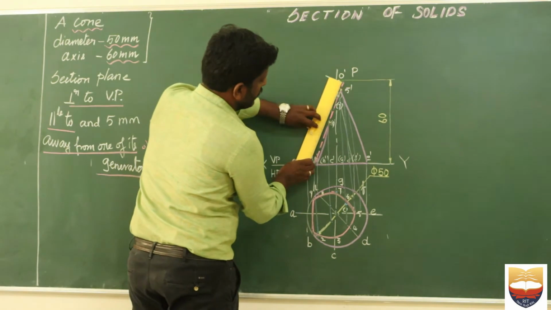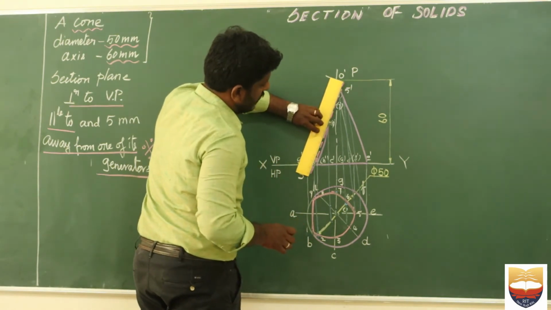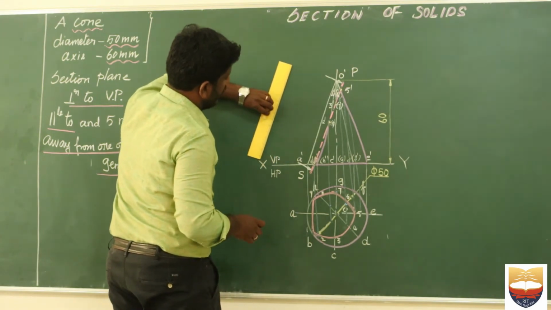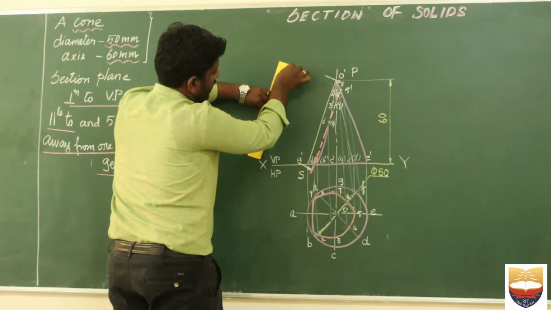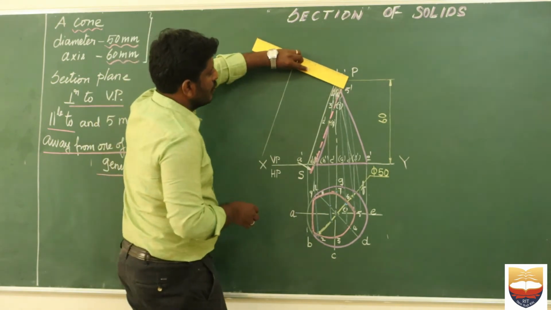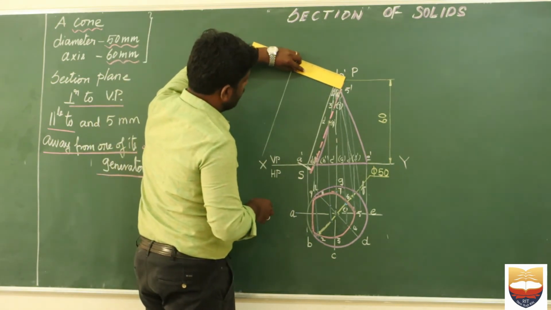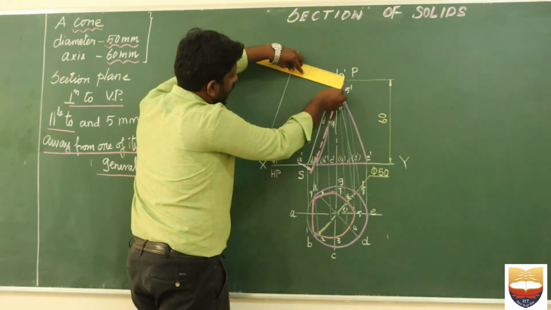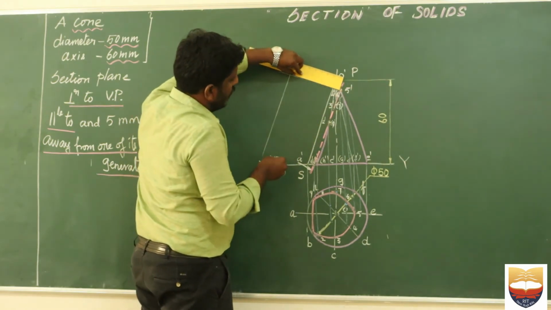Now what you have to do is draw an auxiliary cutting plane, which should be parallel to your cutting plane. See here, I am just drawing it parallel, and then you have to draw perpendicular lines from each point where it is cutting the object.